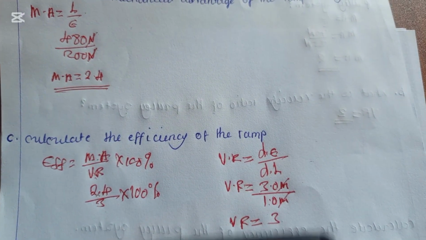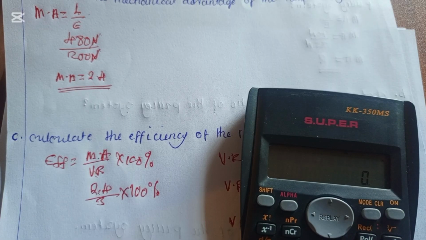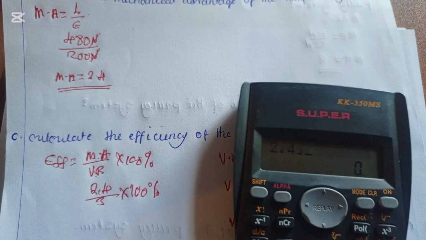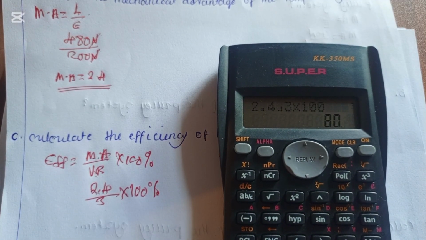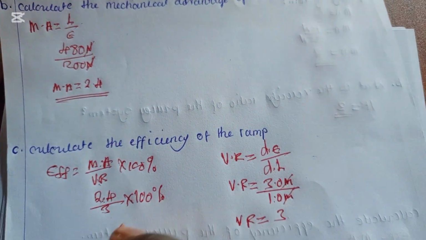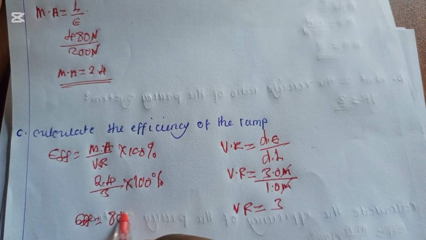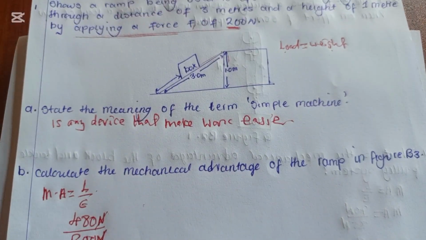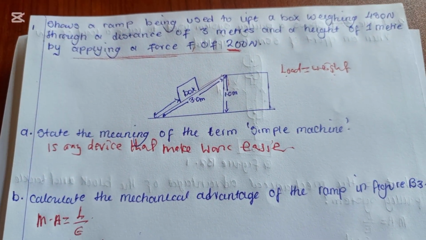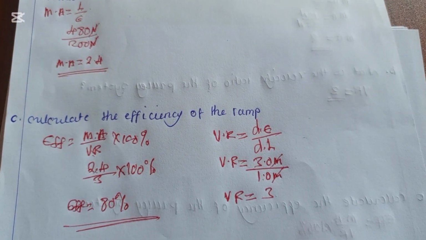I just need to punch this on the calculator. 2.4 over 3 times 100%, and what I get is 80%. So my efficiency is equal to 80% as the final answer for this question. I hope it's very much clear.